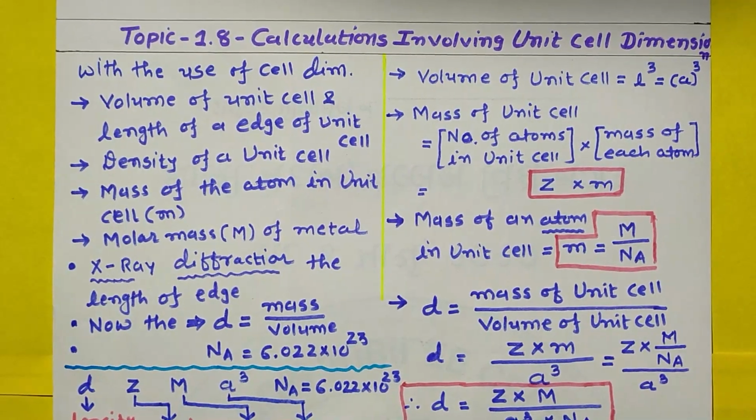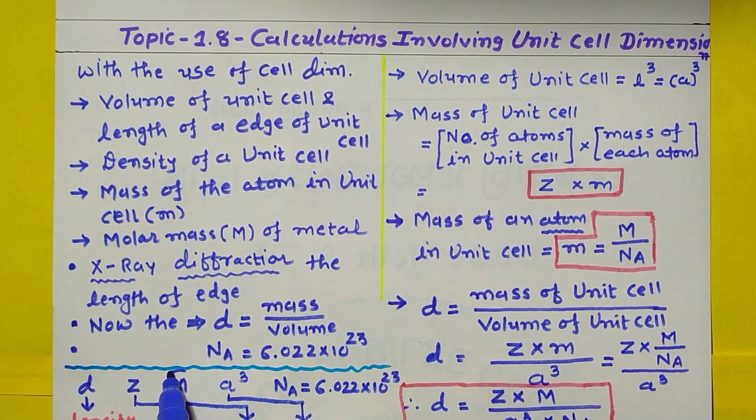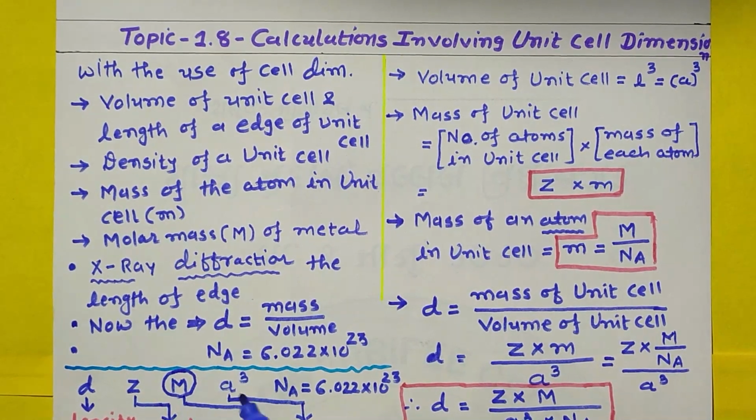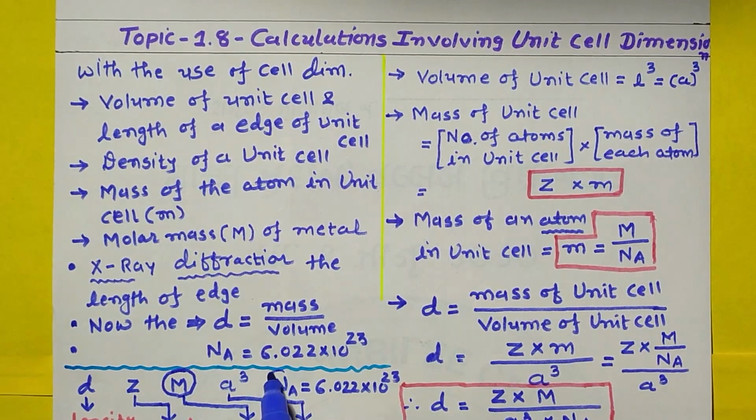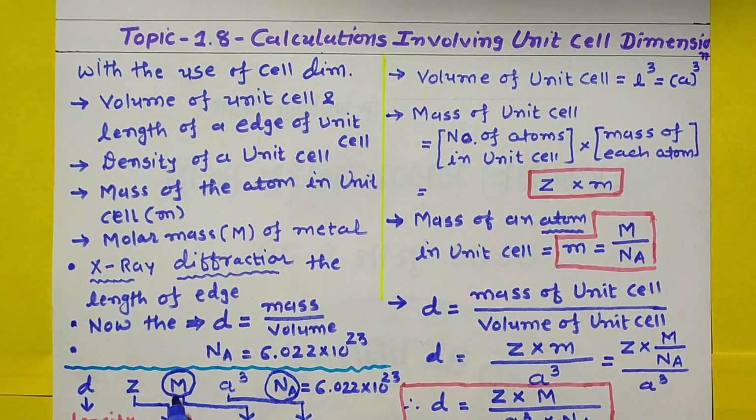Not only that, with the use of capital M and Na, look here, capital M means molar mass of a solid compound and Na is fixed, 6.022 into 10 raised to 23. See the remaining parameters, capital M and Na. If we have both values, molar mass of the substance and Avogadro number, we can identify small m.